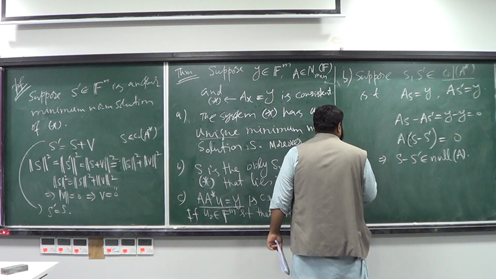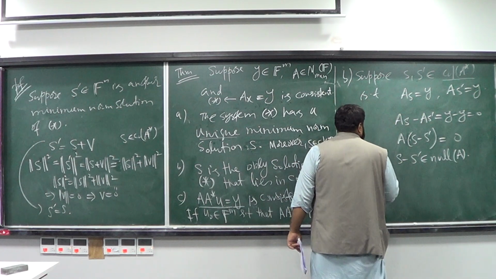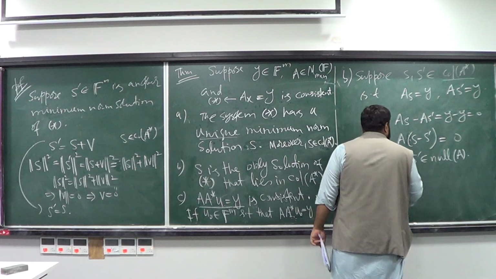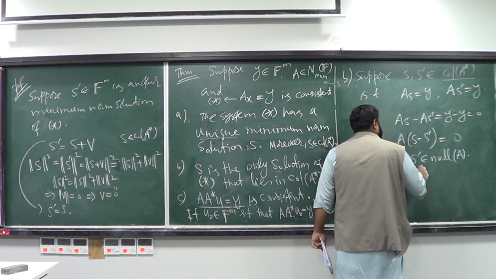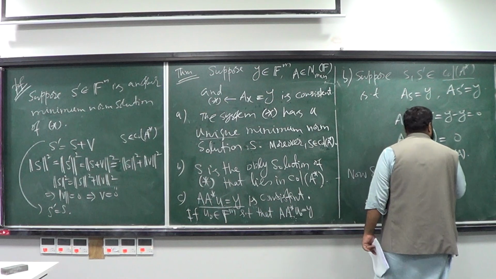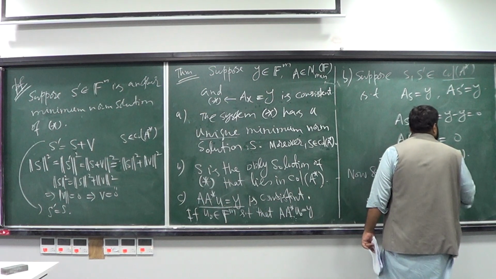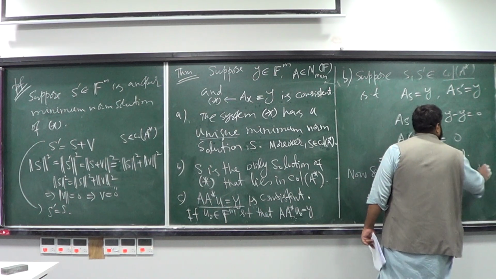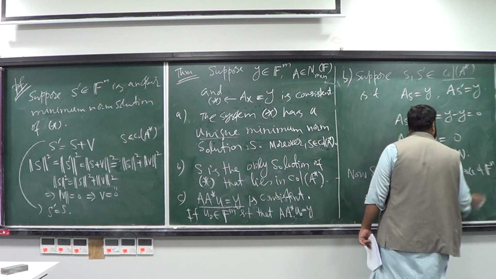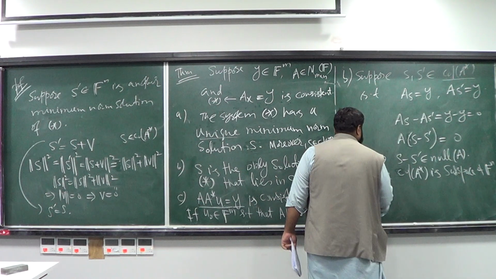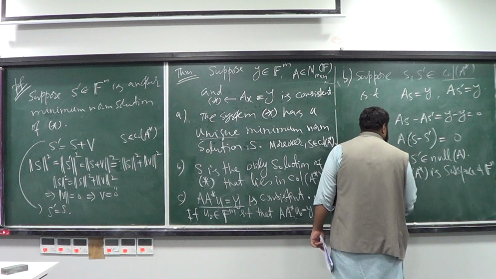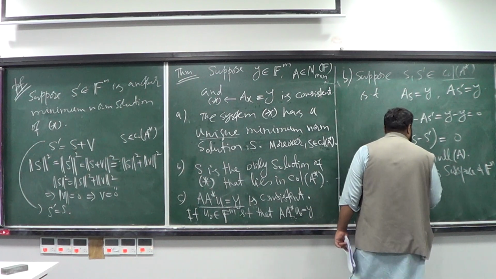Since the column space of A star is a subspace of Fn, S minus S prime will also belong to the column space of A star.